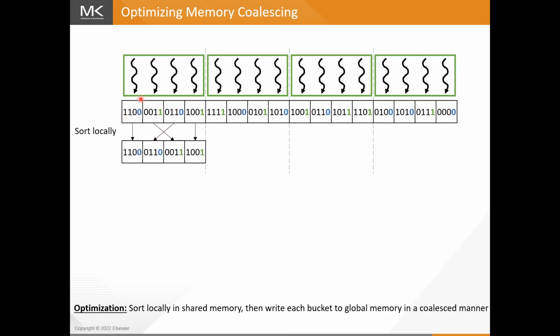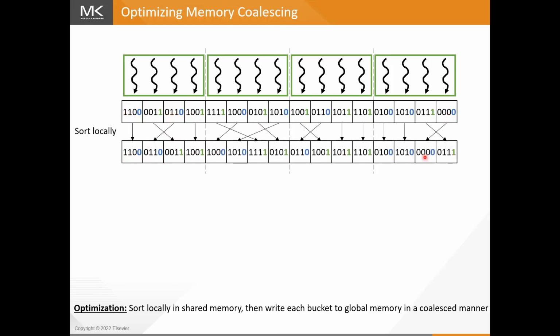So every block is going to divide its elements into 2 buckets. Each block does that on its own inside of the shared memory. Now each block has a contiguous first bucket and a contiguous second bucket. It can write those buckets out in a coalesced way.